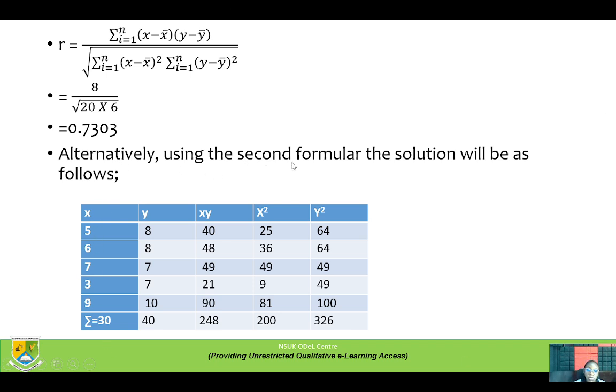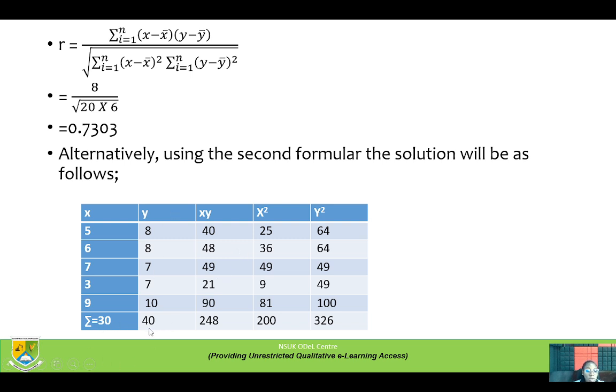Alternatively, using the second formula, the solution will be in this form. Computing the individual segments in the formula, which is x, y, xy, x squared, and y squared, and getting their summations.